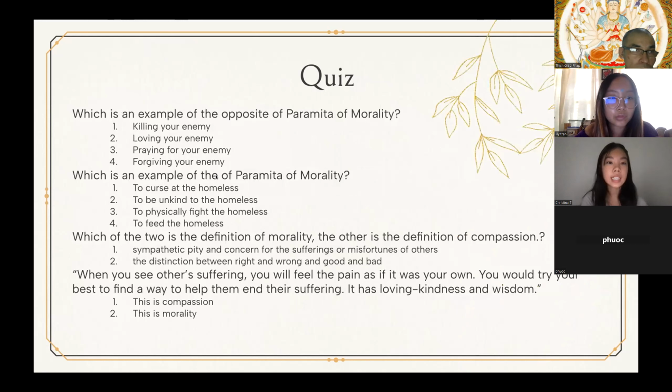Which is an example of the opposite of Paramita of morality? Which is an example of Paramita of morality?